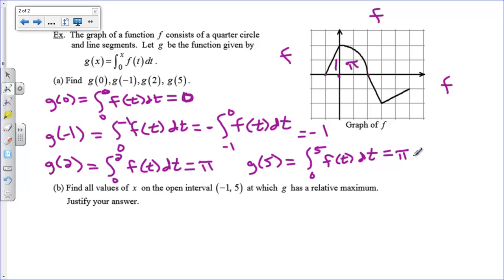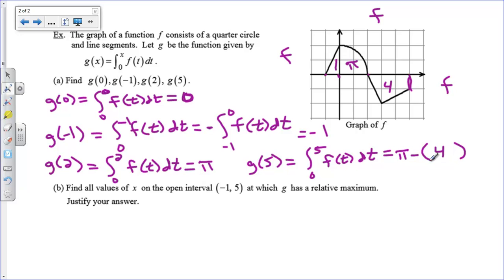So I'm going to subtract off from pi all of this area. And I think it'd be pretty easy just to count boxes here. 1, 2, this is a little triangle here that has an area of 1, and this is a triangle that also has an area of 1. So 1, 2, 3, 4. This has an area of 4, but we have to subtract it off because it's underneath the x-axis. The graph is underneath the x-axis, so the integral is going to be a negative value down there.